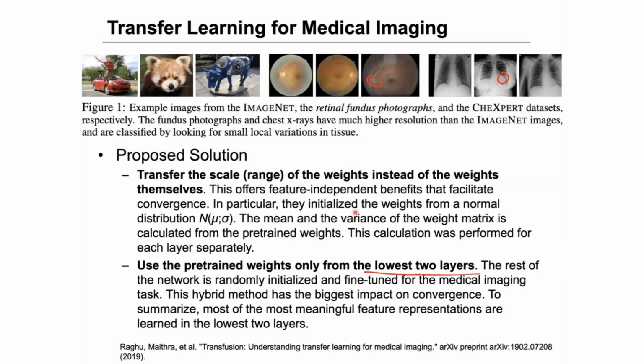In this case, they can facilitate the convergence without adopting the actual weights in their target application. They also only use the pre-trained weights from the lowest two layers, which are the initial layers, so they share very close similarity among different data distributions. Okay.